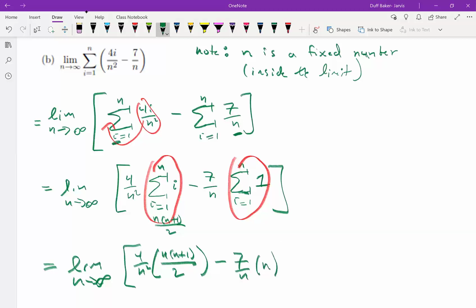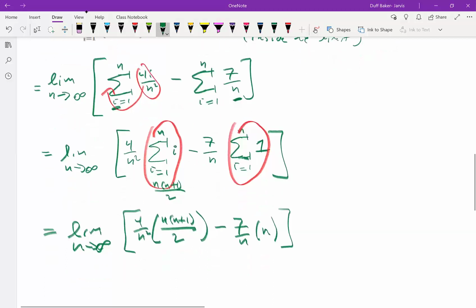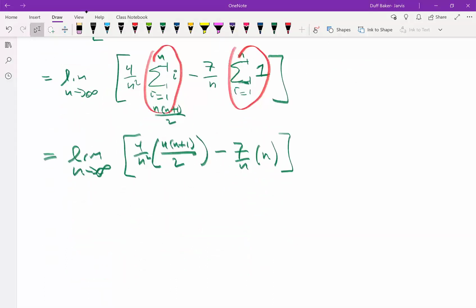So that's just an n. Now let's just simplify a little. So 4 over 2 is 2. And then the top will be n squared plus n over n squared. And then the second one is just the number 7.